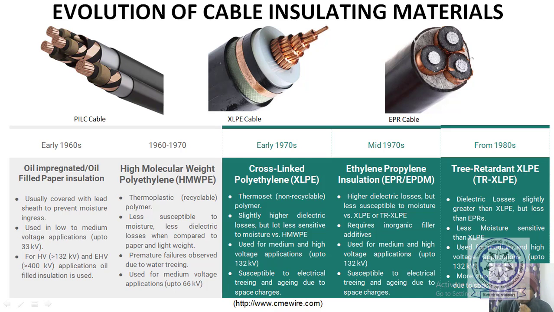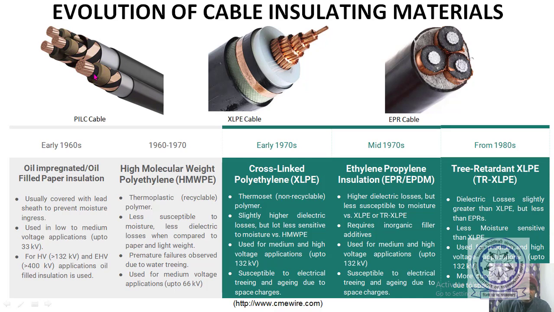So for DC application, it is not as good as XLPE, because DC is affected by space charges, and since TR XLPE is more susceptible to space charges... Of course tree inhibition is also very important, but under AC the treeing problem is more problematic.